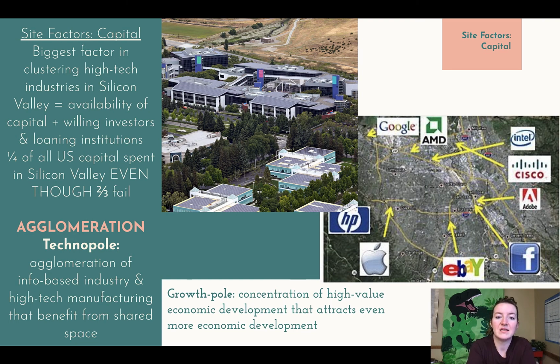Okay, looking at capital, and again, remember that this is money to invest. The biggest factor in clustering high-tech industries in Silicon Valley is the availability of capital and willing investors and loaning institutions. A quarter of all US capital, like 1 in every $4 that is spent investing money in businesses, is spent in Silicon Valley, even though two-thirds of those businesses fail.